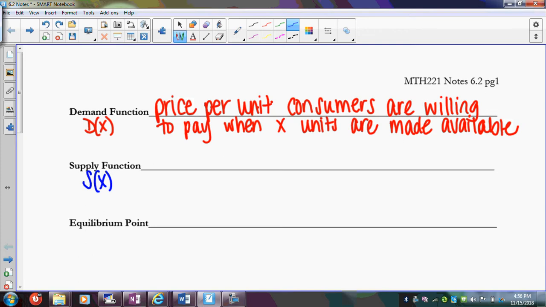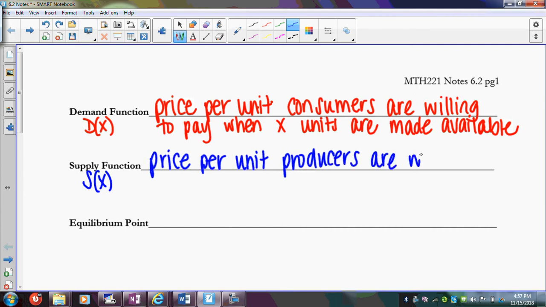So this is the price per unit producers are willing to produce or supply x units.